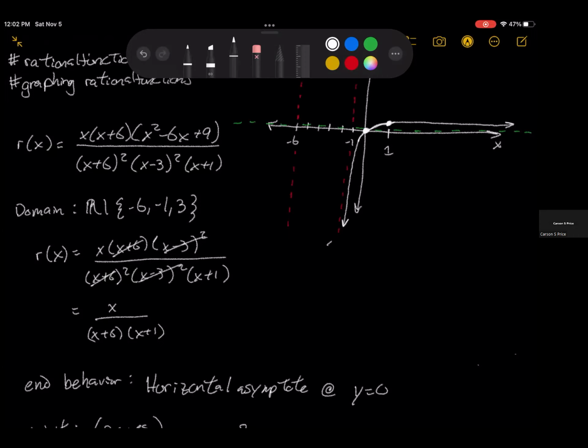Now, what is the multiplicity of that vertical asymptote? That vertical asymptote happens at -1 and is a consequence of the x plus 1 factor in your denominator right there, right? That factor occurs once, so it has odd multiplicity. Therefore, your behavior will do opposite things.